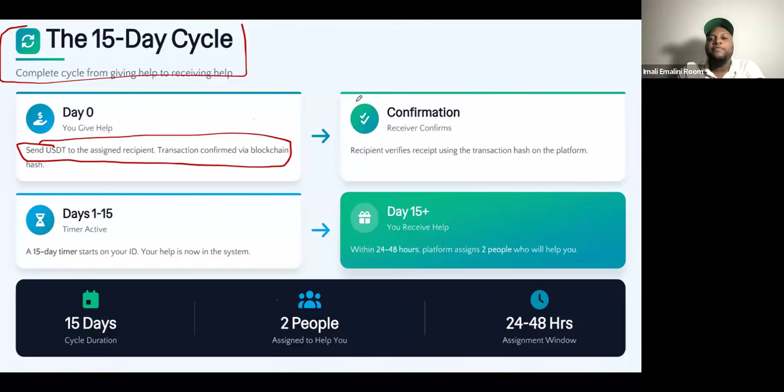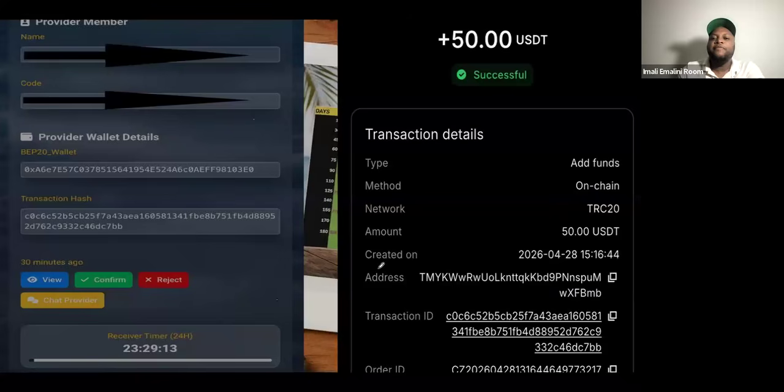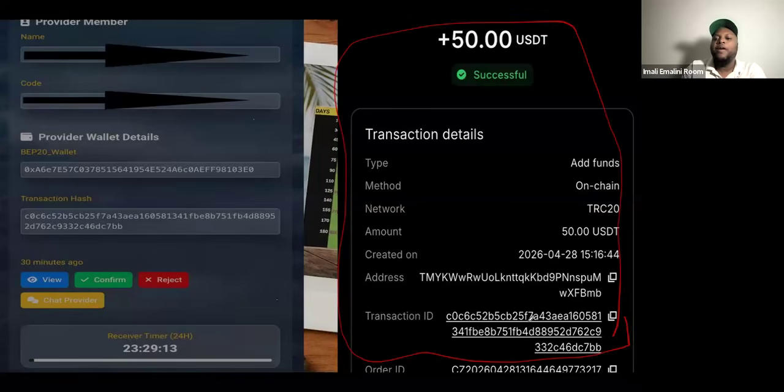And obviously you confirm. I have shown how you confirm. You confirm by attaching this as a proof of payment. You also confirm by attaching this TXID.